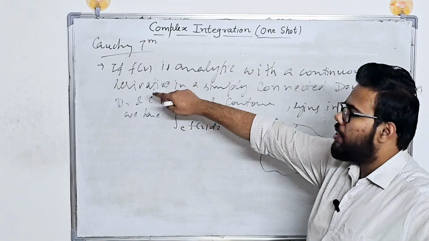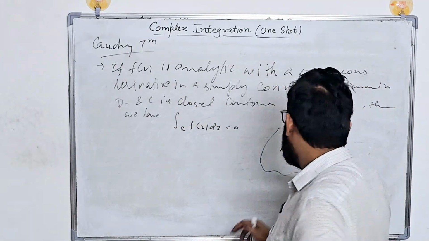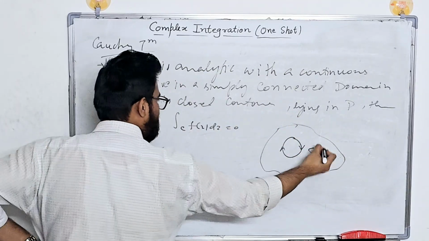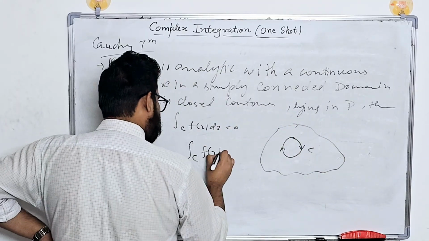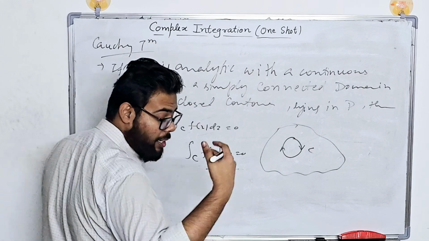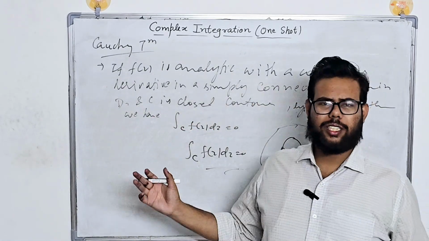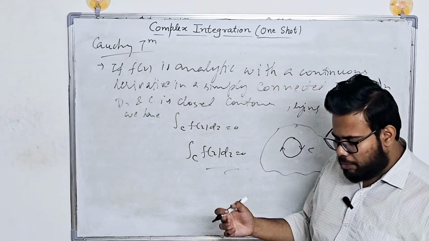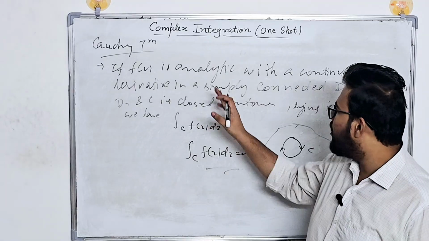So it means that f(z) is analytic everywhere. Then in that case, this integral over this C will be equal to 0, right? So this is the Cauchy theorem. Okay. So you can prove it also. Let's prove it, right? Let me derive it also.